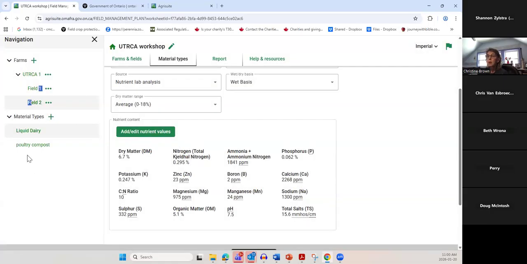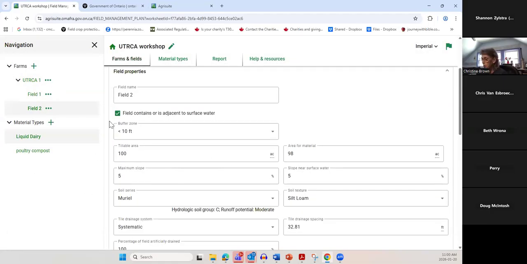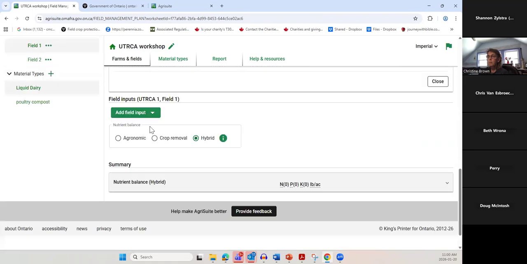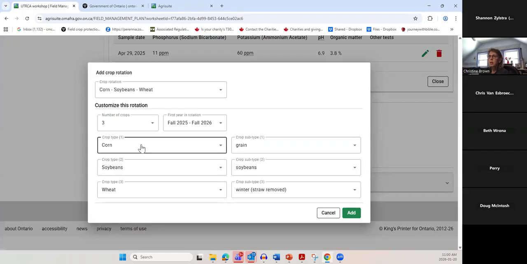So now I want to go back to my field. I'm good if somebody has a specific rotation they'd like to suggest, otherwise I'm just going to put in a crop rotation of corn, soybeans, and wheat, just because it's easy and relatively fast.